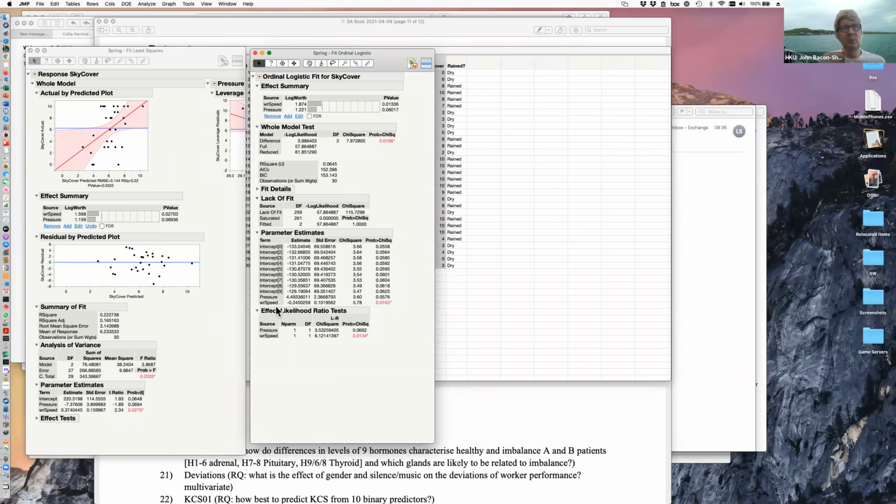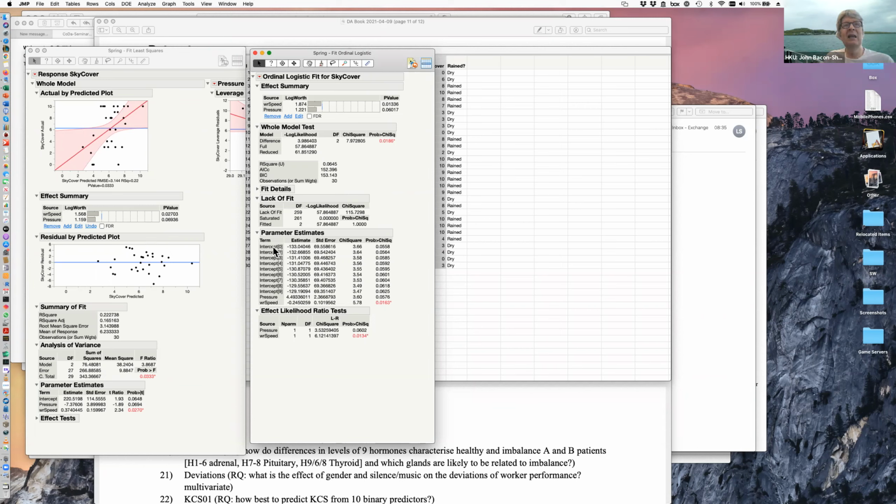In other words, it assumes that pressure and wind speed affect my chance of going from 0 to 1, 1 to 2, 2 to 3, and all the way up from 9 to 10. However, the model assumes there are different intercepts for each of those log ratio models.